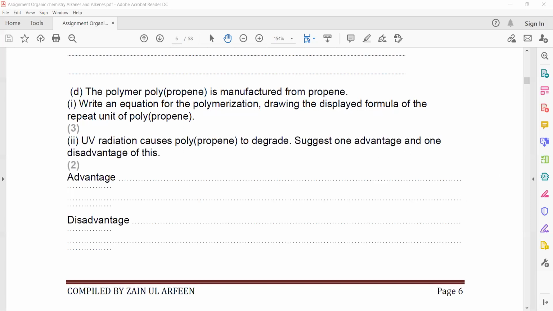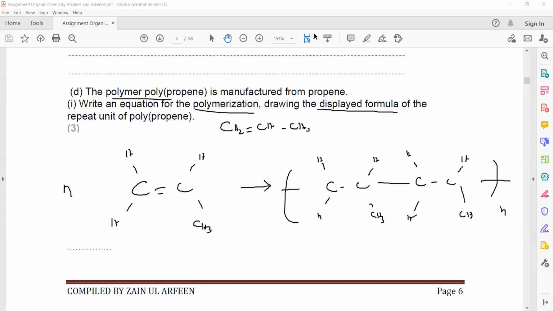One more thing: because in the question they mentioned displayed formula, when they mention that, I should show all of the bonds. So even for this CH3, in a structural formula we don't represent it like this, we show minimal detail.